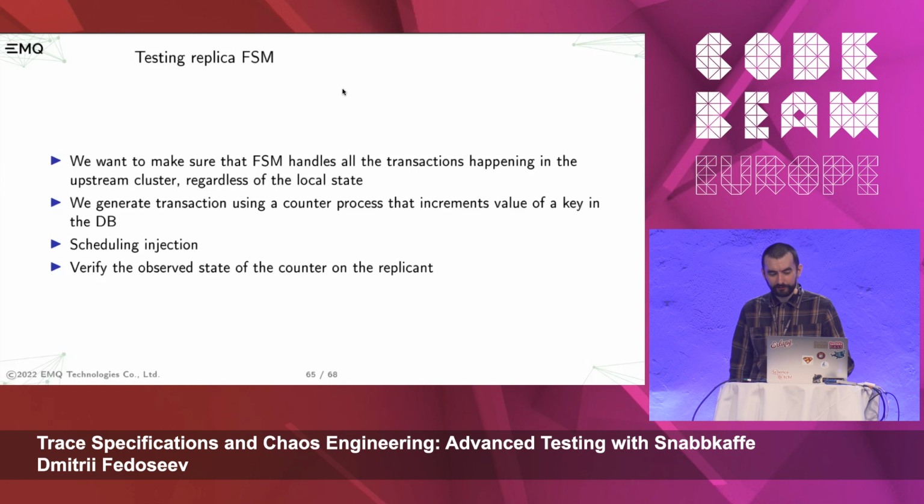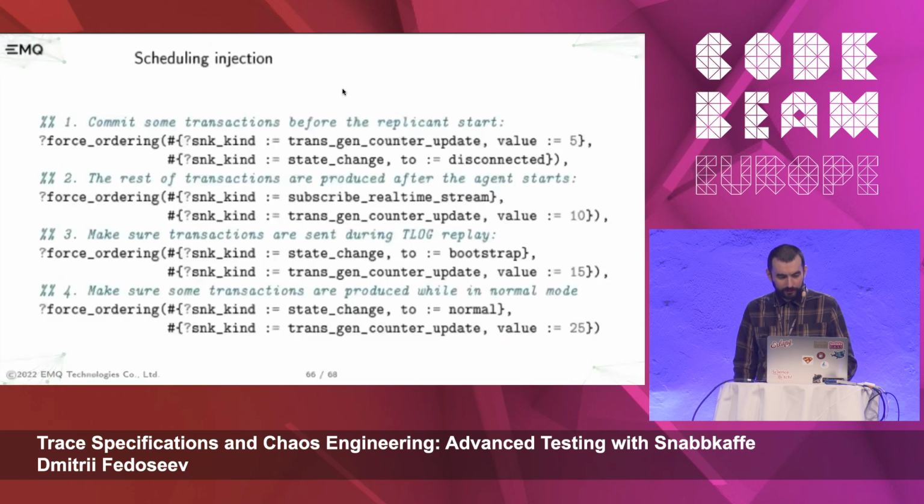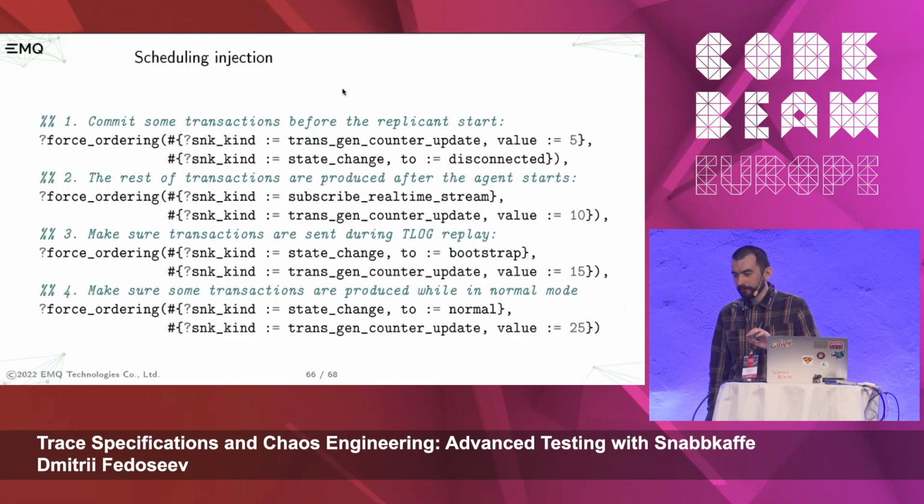We synchronize the transaction generator process with the replica state machine, and finally we verify the observed state of the counter in the table replica by inspecting the trace. So this is the code that does the scheduling injection that I described previously.